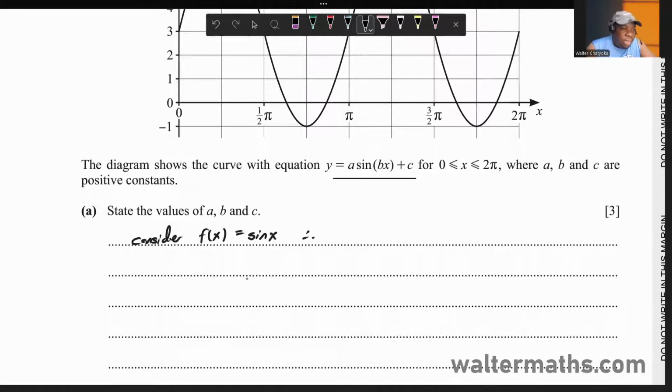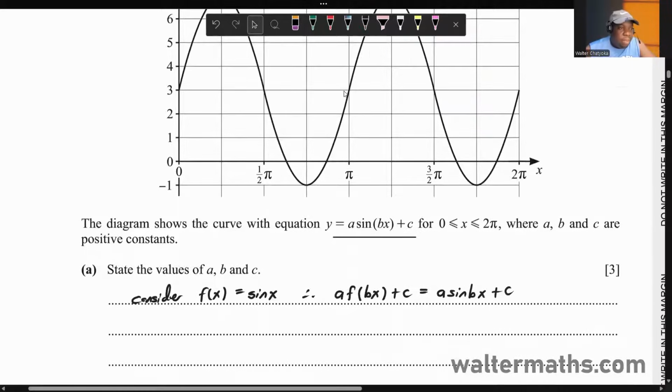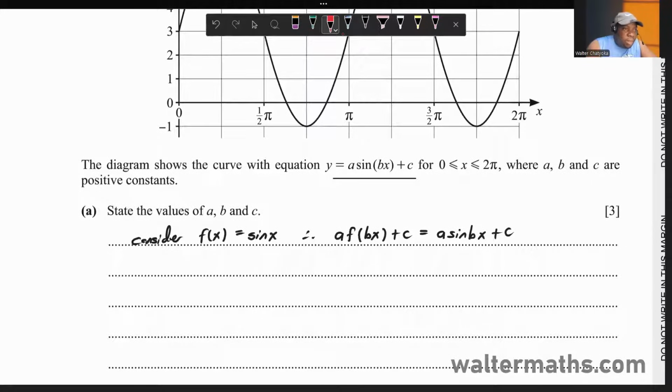So it therefore means that a f of bx plus c is the given function. That's a sine bx plus c. All right. So each one of these letters or constants, a, b, and c, represents some kind of transformation. Let's start from inside the bracket. Okay, let's start with b.